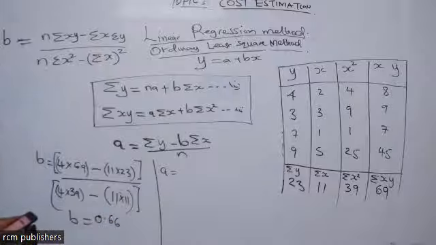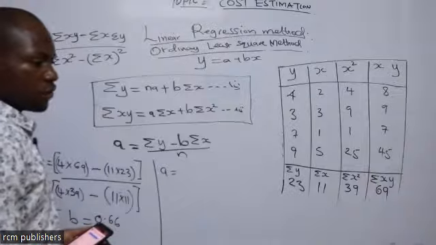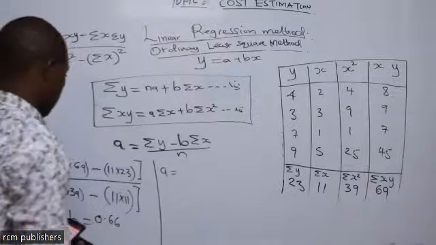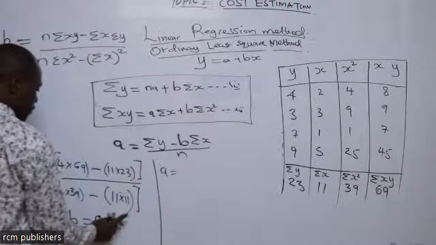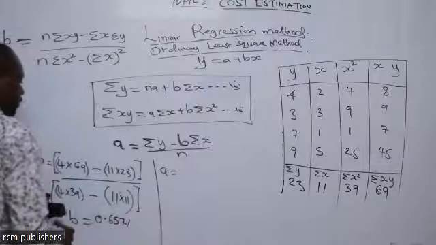The second person can confirm that 0.6. Give me 4 decimal places, 0.6571. For this one here, at least 4 decimal places.